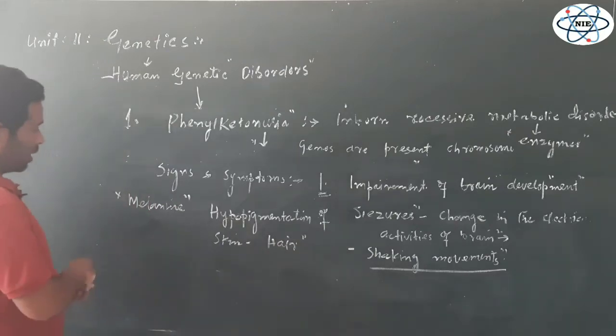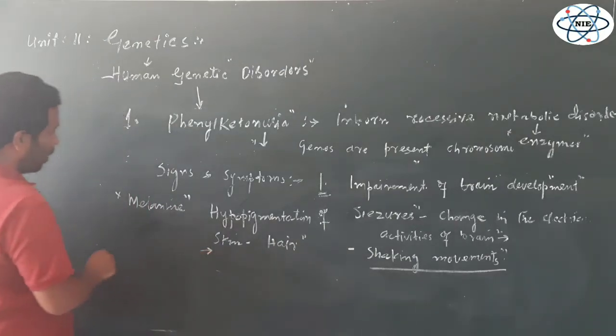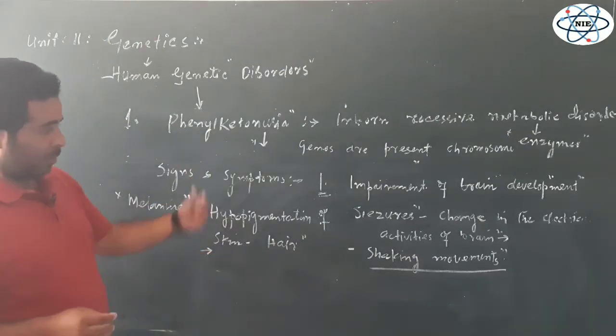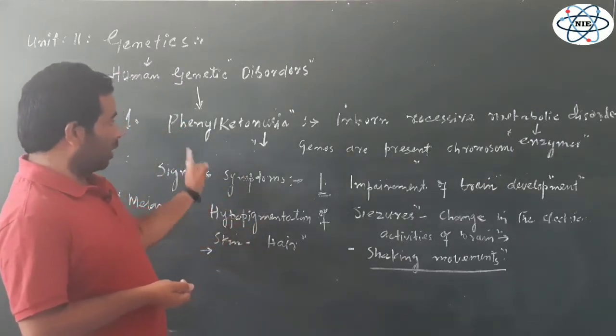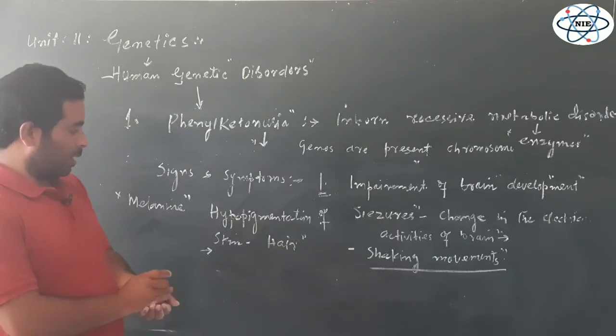And one more thing is there, that is due to the accumulation of phenyl acetate, as I mentioned in my topic. Phenyl acetate is one of the metabolites of phenylalanine when it gets accumulated.